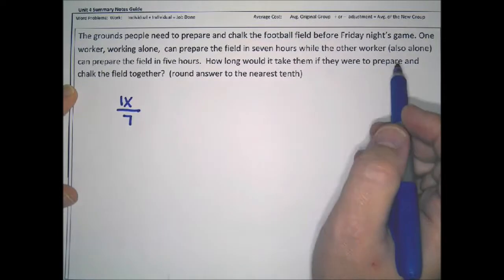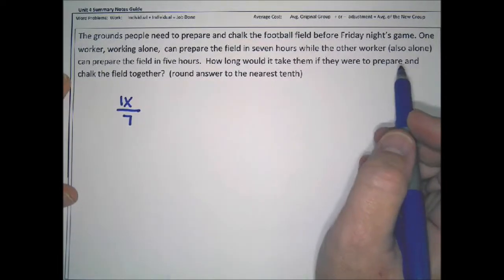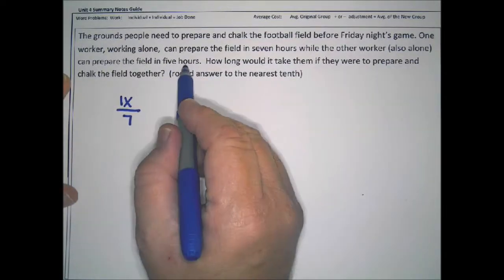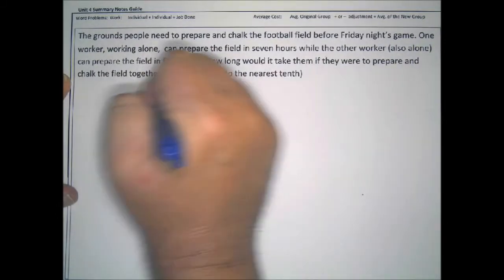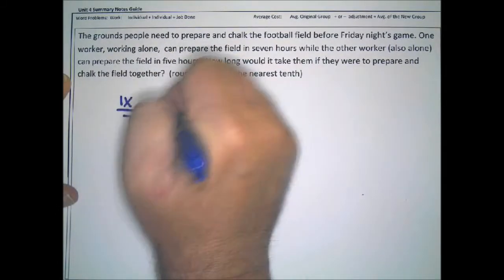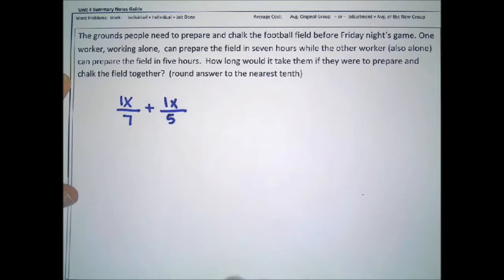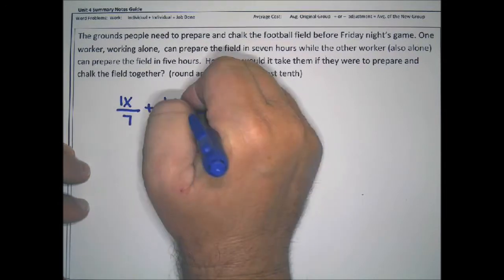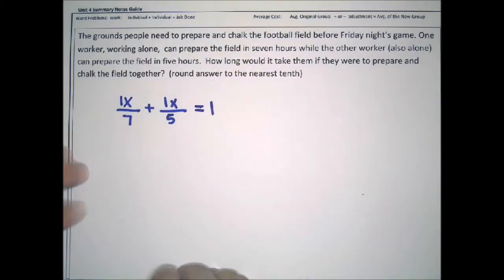The other person can prepare the field in 5 hours if he works alone, so his unit rate would be 1/5 of the field per hour. But if they worked together, how long would it take them to get the job done? So that's the setup. It's a pretty easy setup.